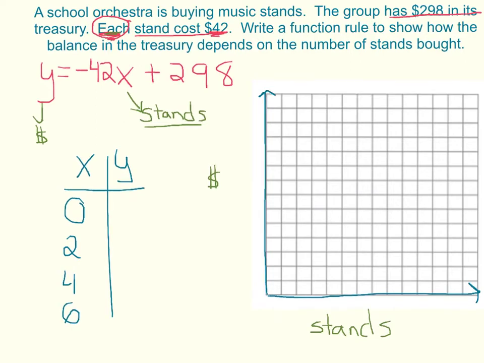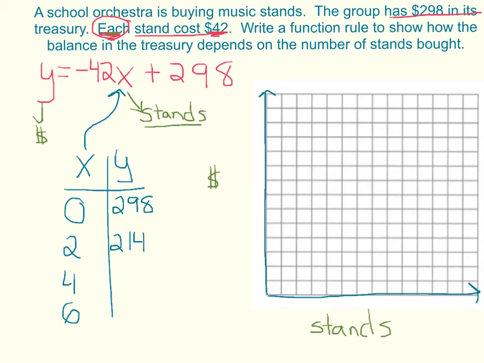And then to get the y values, just remember you're plugging the x values in for x and solving for y. When you plug in 0, negative 42 times 0 plus 298 is 298. Negative 42 times 2 plus 298 is 214.